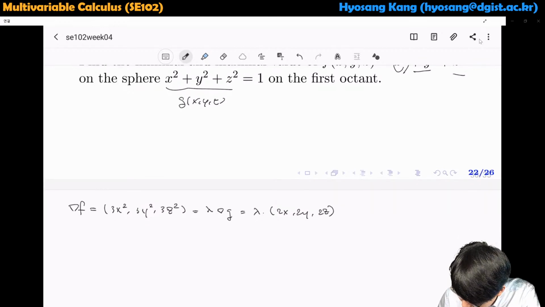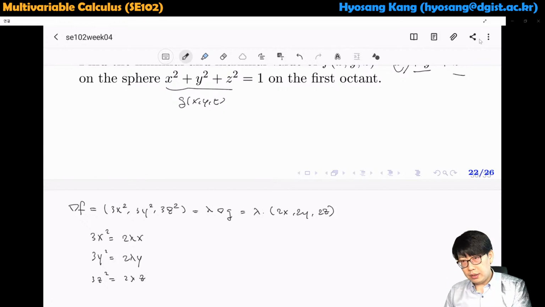So we have 3 equations: 3x squared equals 2 lambda x, 3y squared equals 2 lambda y, and 3z squared equals 2 lambda z.